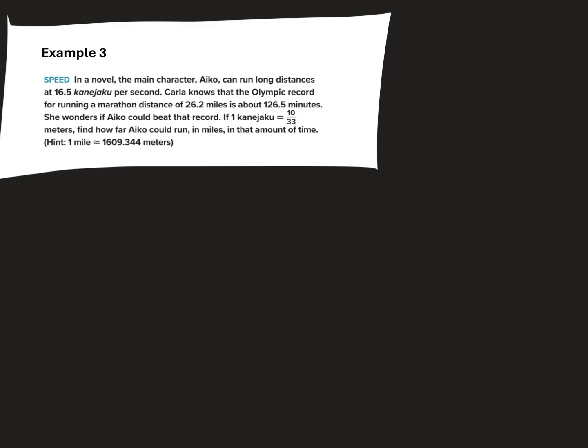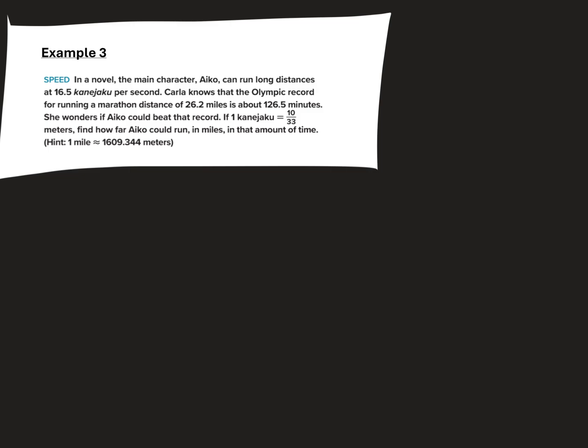She wonders if Aiko could beat that record. If one of these units is 10 over 33 meters, how far can Aiko run in miles in that amount of time? Hint, 1 mile is approximately 1,609.344 meters.